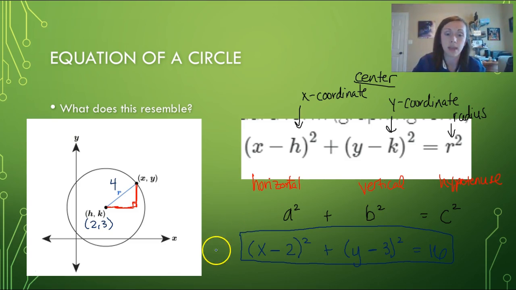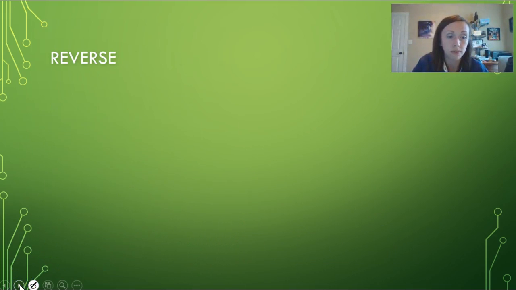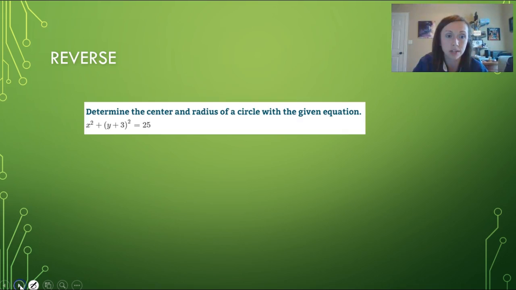That's it. Now, what if we had to do that in reverse? What if we had to determine the center and radius of a circle given the equation? So again, you simply need to refer back to the standard form, which is (x - h)² + (y - k)² = r². So we just start pulling values from the problem.